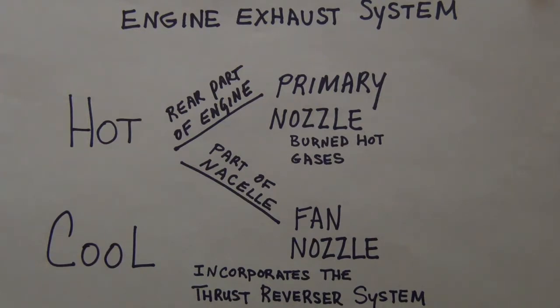Also, there's information coming from your SECs, your spoiler elevator computers. There's SEC 1 and SEC 2. When you have reverse thrust, the position of the throttle is going to be sent to those SEC computers.